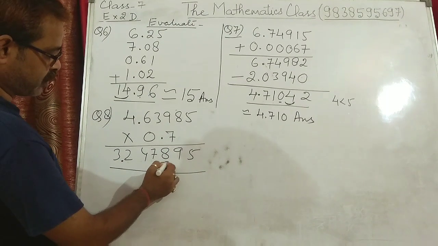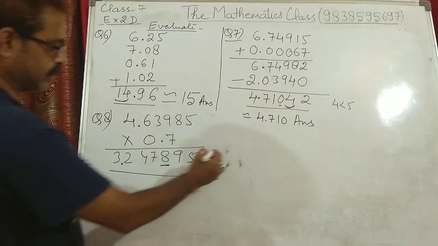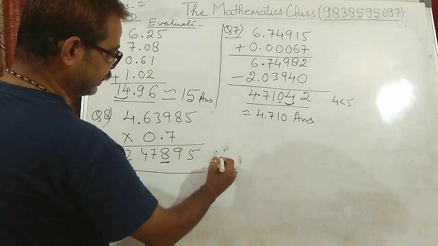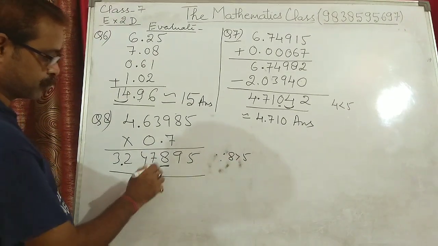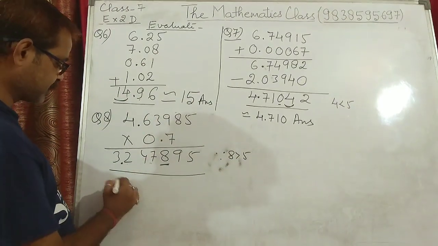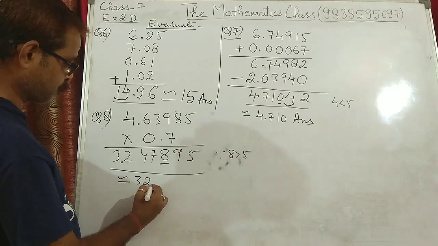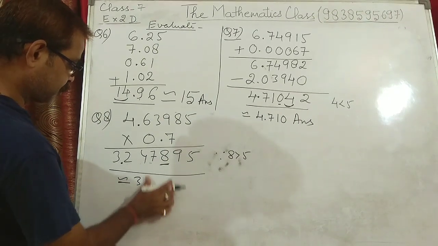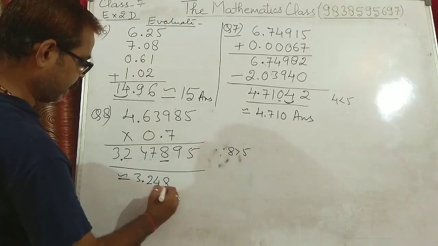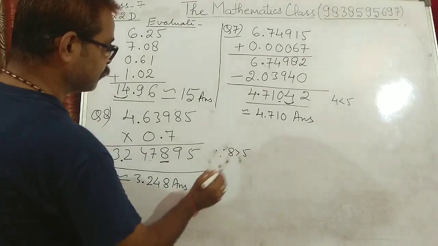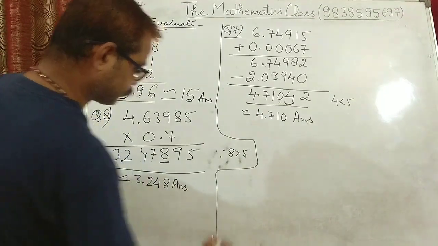We will concentrate on the fourth one. This is 8. Since 8 is greater than 5, this 7 will convert to the next number. That means it can be written as 3.248, and that is the final value.